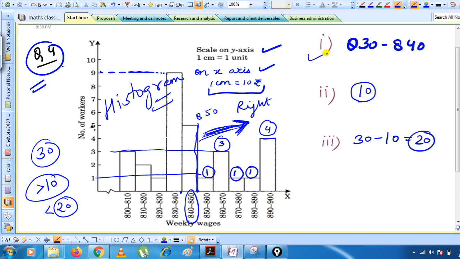I told you the difference between a histogram and a bar graph. So this was your question number 4. After that we answered 3 parts of this question number 4, which were based on the information found from the histogram. So this was the end of today's class. We will see you in the next class tomorrow. Thank you.